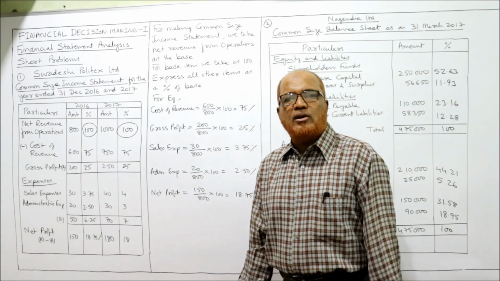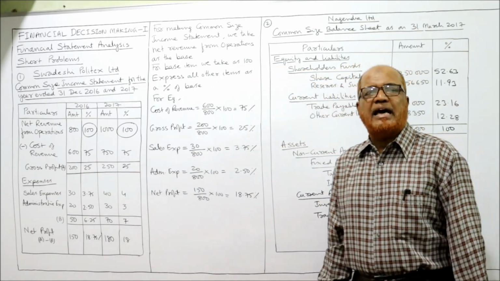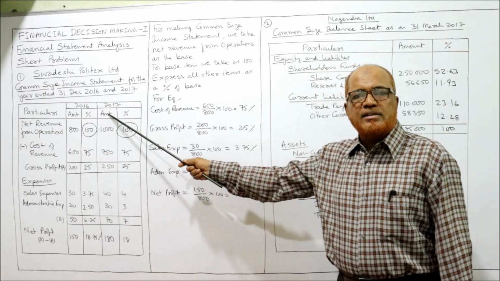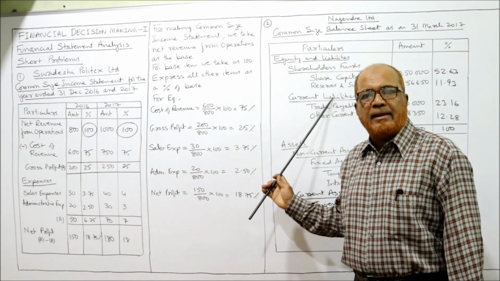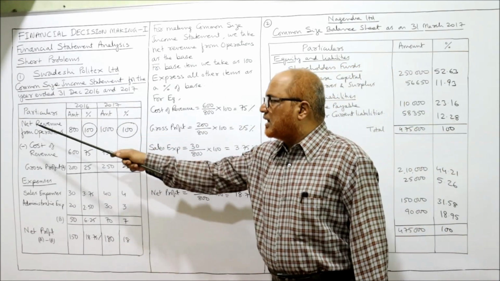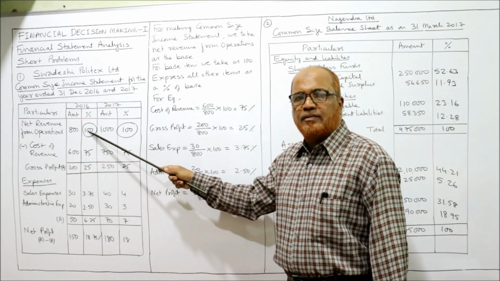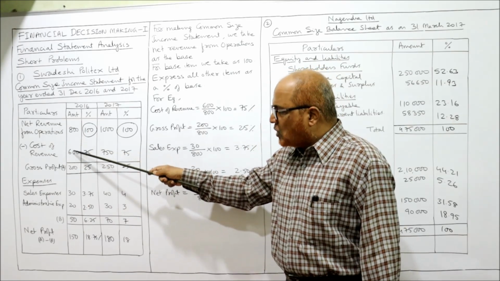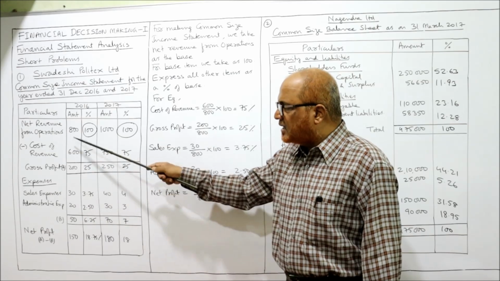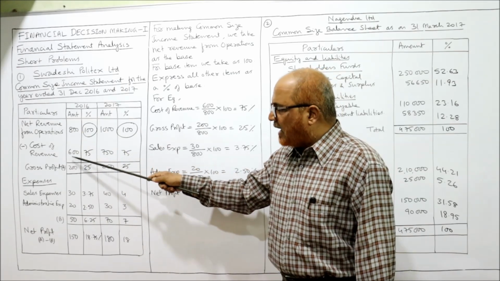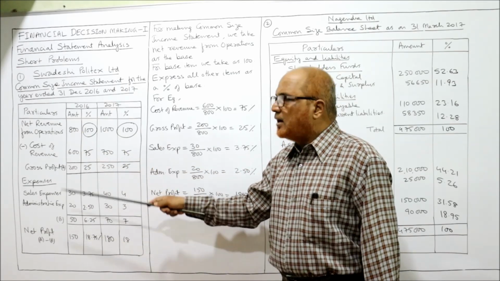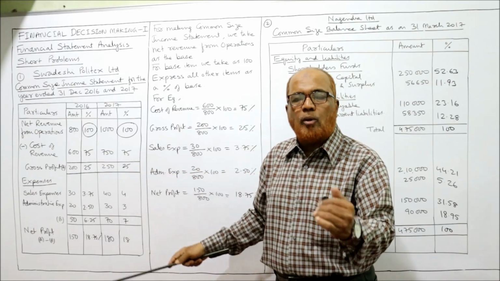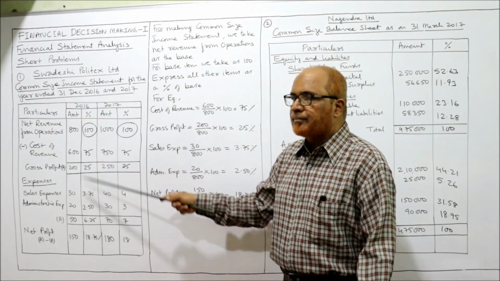So this is the first video on problems on financial statement analysis. Here common size income statement, here common size balance sheet. In income statement, we take net revenue as 100% and express all other items as a percentage of net revenue. Take the values in the numerator and the total 800 in the denominator into 100.